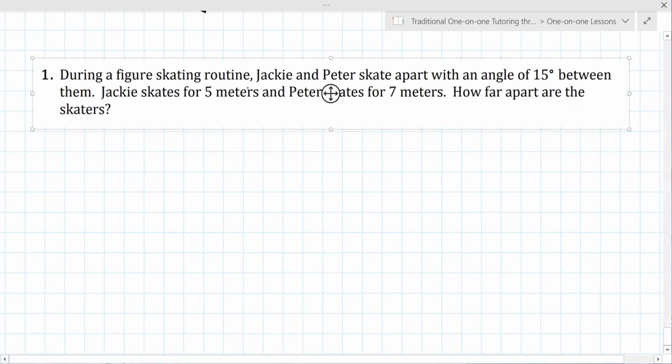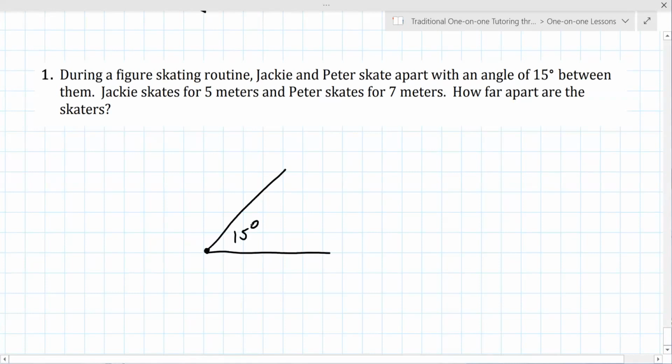So it says during a figure skating routine, Jackie and Peter skate apart with an angle of 15 degrees between them. Jackie skates... Okay, so this is always the hard part, is what's the picture? So the angle between them is 15. Okay, 5 and 7, and then they want this distance here.